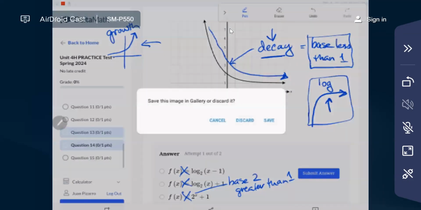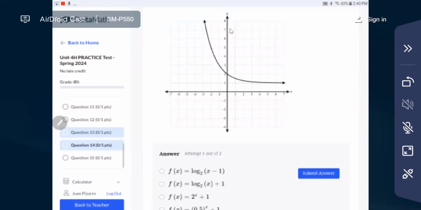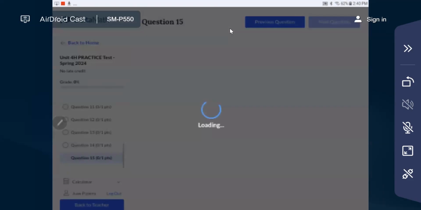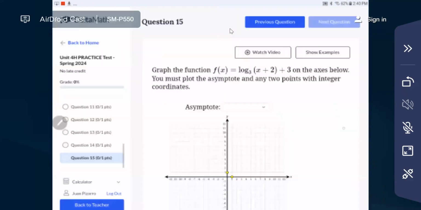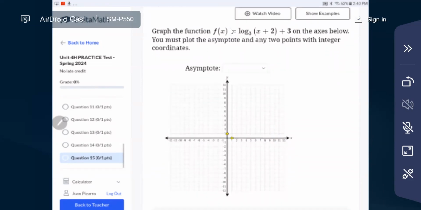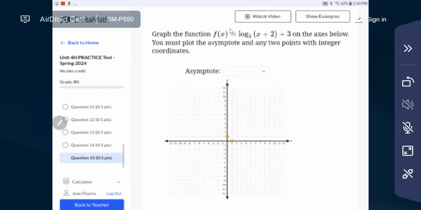Now we are on the last question, number 15. It says graph the function below, and you must plot the asymptote and any 2 points on here. I have some complicated ways of doing it.